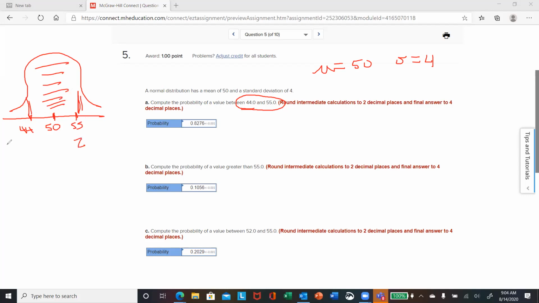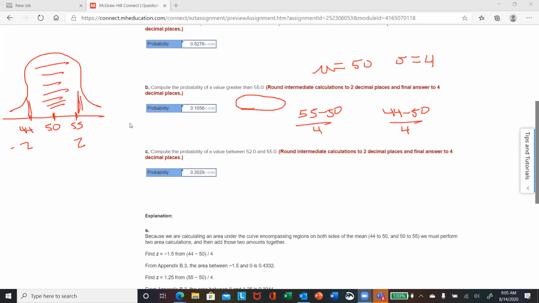So that's the area I want. So you have to find both z values, and that's going to, of course, be a negative z, right? So you'd have 55 minus 50 over 4, and 44 minus 50 over 4. That's your first step: you always have to get your z values. So for 44, it looks like that's going to be a negative 1.5. Let me write this here.